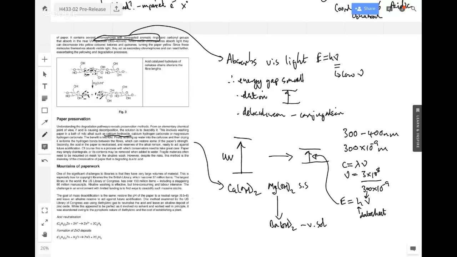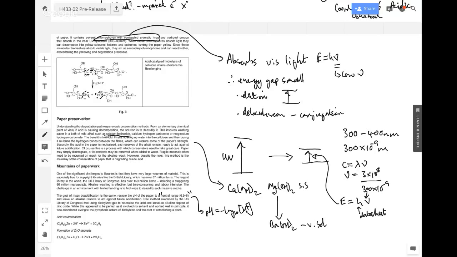And it says paper should have a neutral range here of pH 6.5 to 8. So you might have to apply this equation to work stuff out.